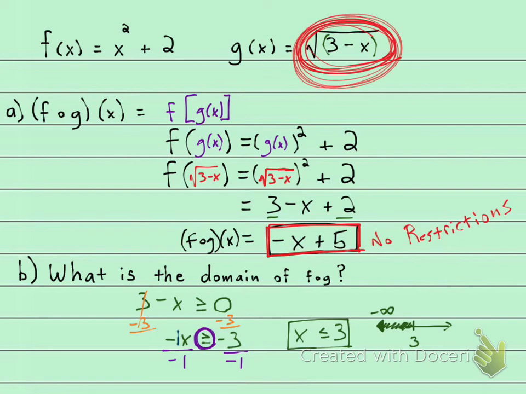And since it is less than or equal to, because I have that line down there, I'm going to use a bracket, which is made of lines. Line, line, line. Okay, so that will go into interval notation as negative infinity, comma 3, one interval. The 3 gets a bracket, like on the graph, and the negative infinity always gets a parenthesis. This is the domain of the f of g of x.